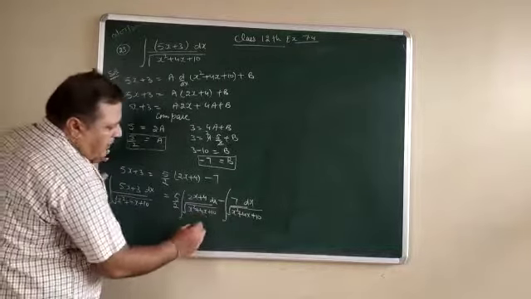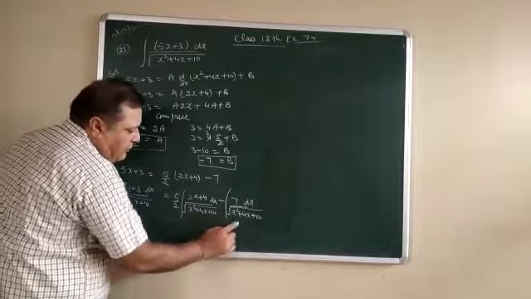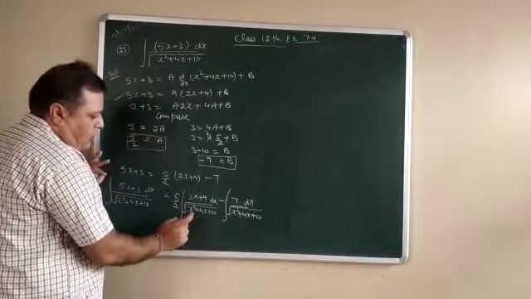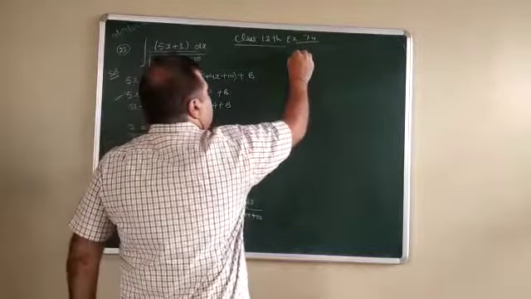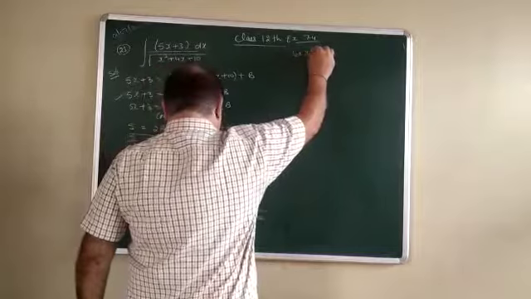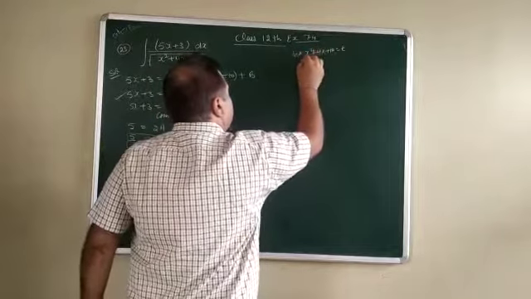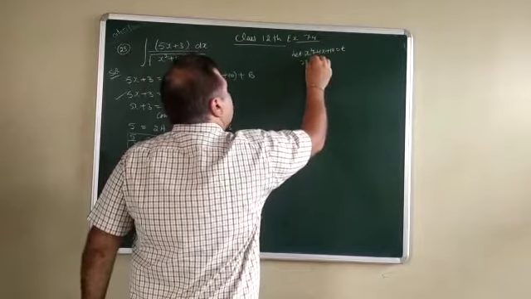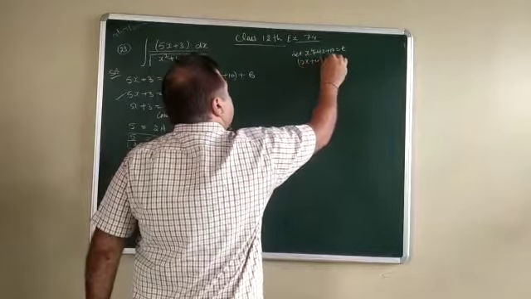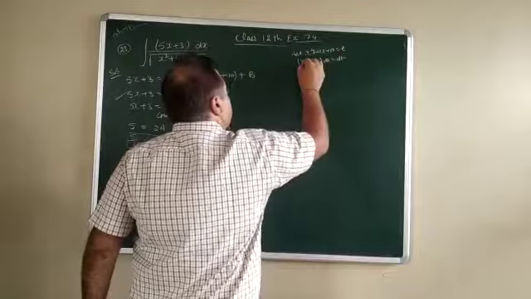You can solve by a different method, by assuming I1 and I2. For the first part, I say let x²+4x+10 be equal to t. Then (2x+4) dx is equal to dt.